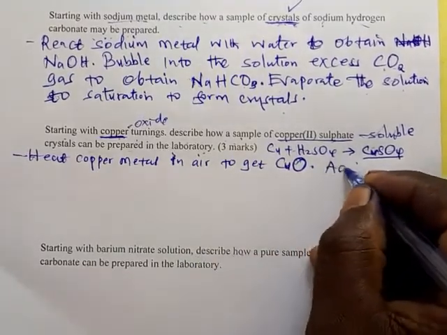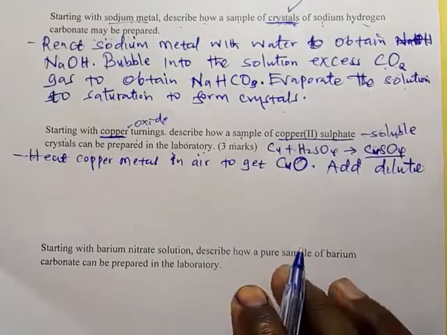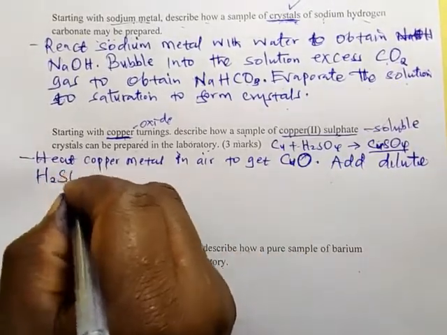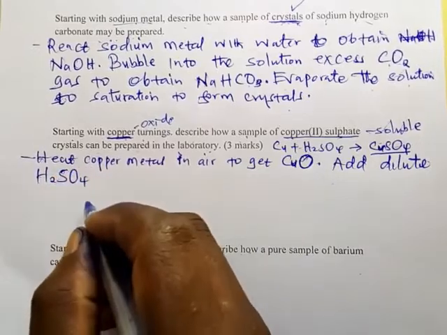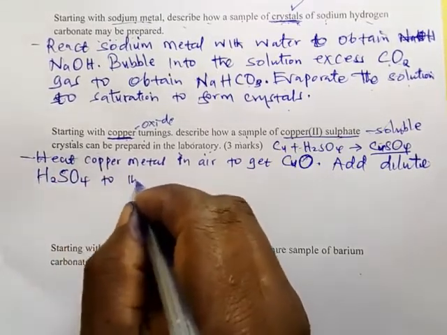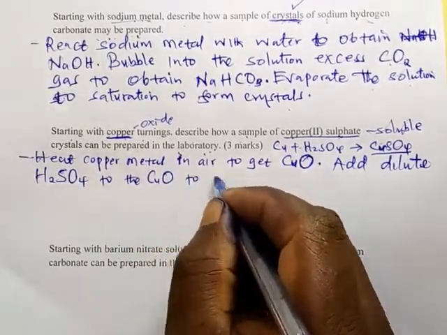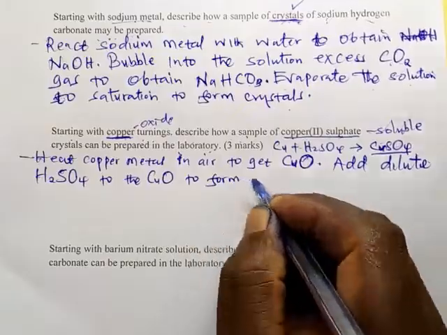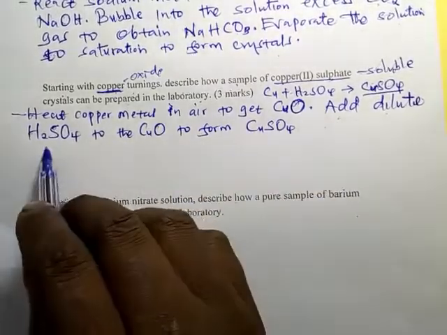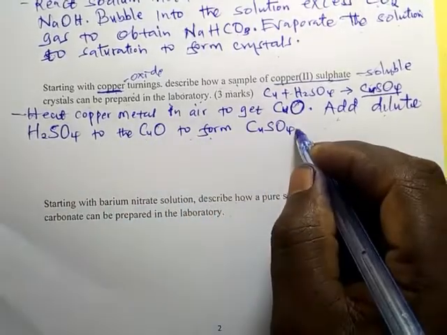Now you add dilute sulfuric acid to the copper(II) oxide to form copper sulfate. So add dilute sulfuric acid to the copper oxide to form copper sulfate.